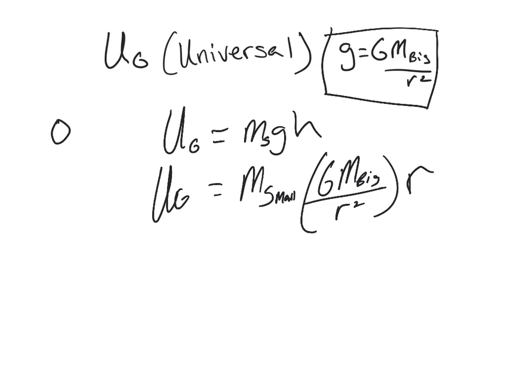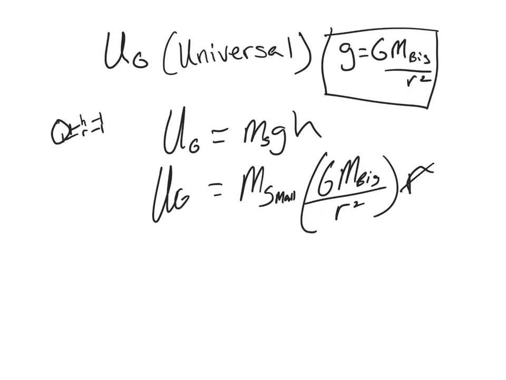Because if it's an object that's orbiting somewhere above the Earth, the h is going to be replaced by that distance r. It's the same basic concept, that height above the Earth becomes the r above the Earth, or the distance from the center of the Earth.